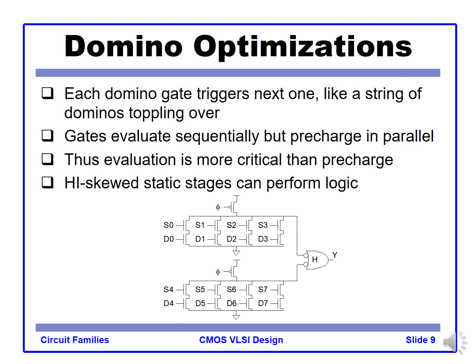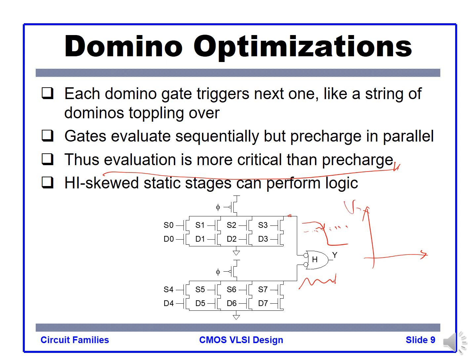Thus, the evaluation is more critical than the pre-charging stage, and at the output we can make a high skewed gate, meaning we can size up the PMOS so that when we pre-charge it to VDD, then if the logic discharging happens, we can quickly make the decision by having a high skewed gate there.